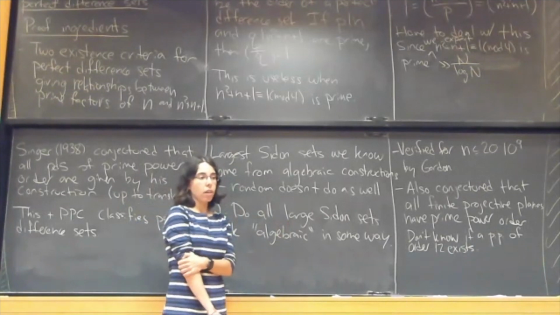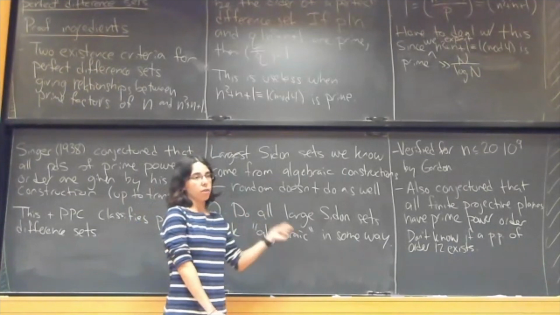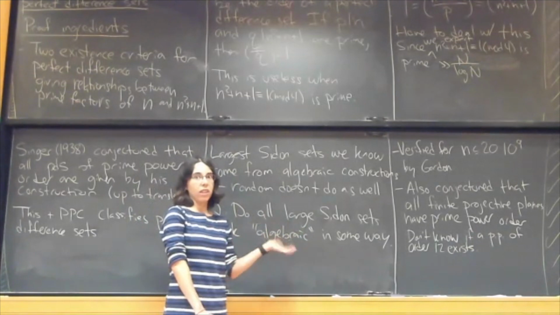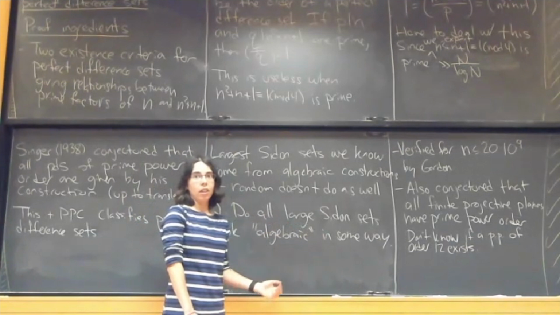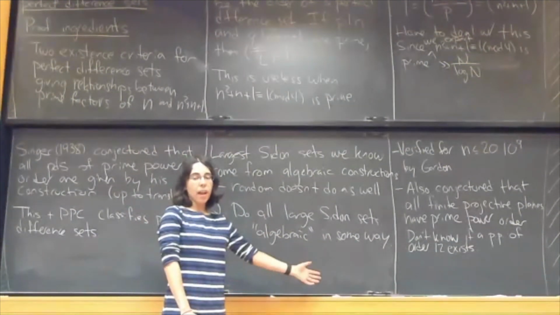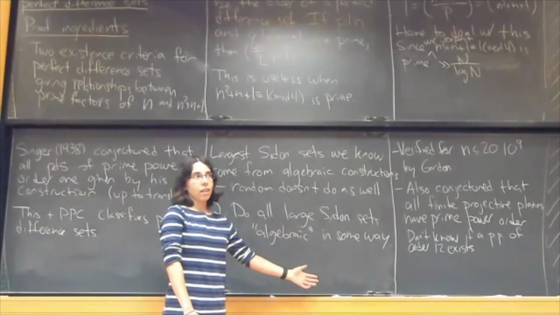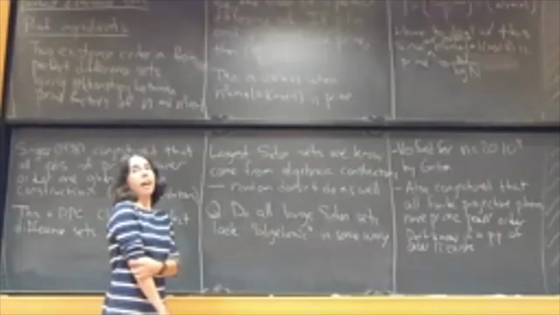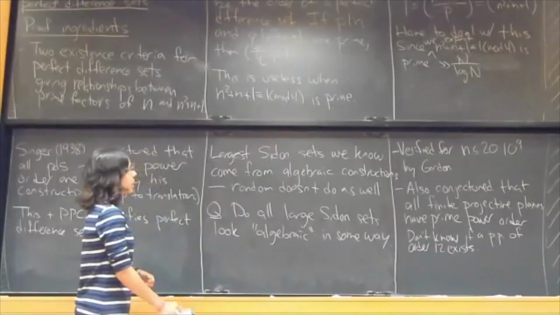It's also non-trivial to show that there's some translate of your perfect difference set that's fixed by all these multipliers. So it turns out that your perfect difference set is just an orbit under this group of multipliers. Okay, it sounds like it's the structure of the abelian group, the multiplicative group, coupled with combinatorics. Yeah.